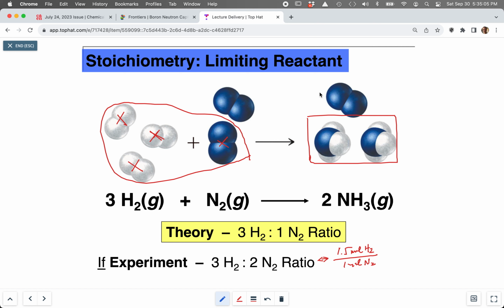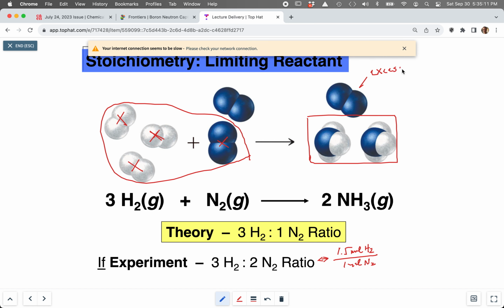Okay, so we can tell from our pictures that the nitrogen is in excess, and therefore it's the hydrogen that's a limiting reactant. Once it's gone, you can't make any more product. The reaction shuts down. So we can do this by comparing our number ratios here again.